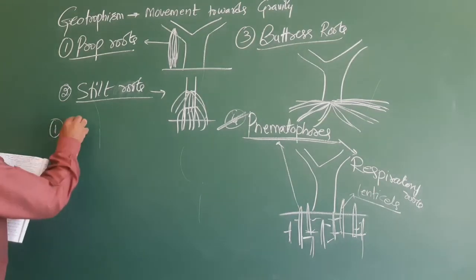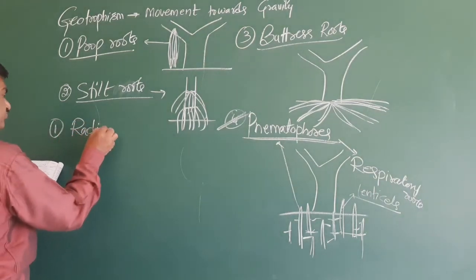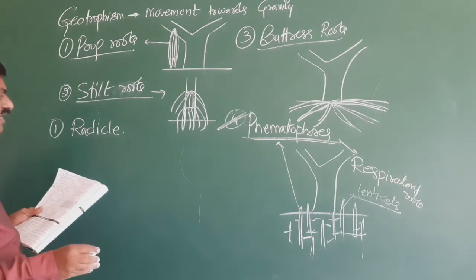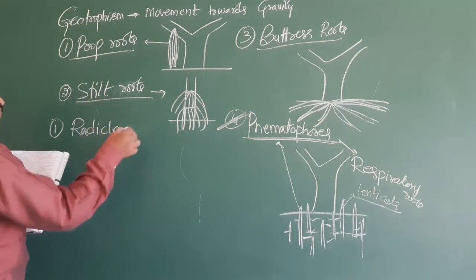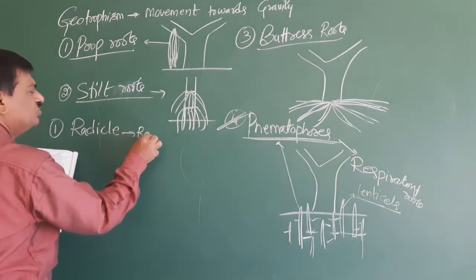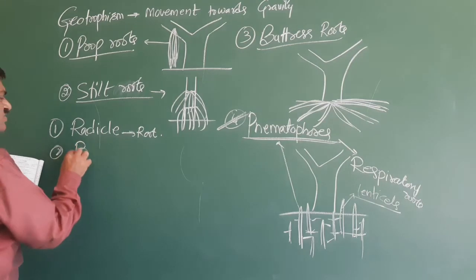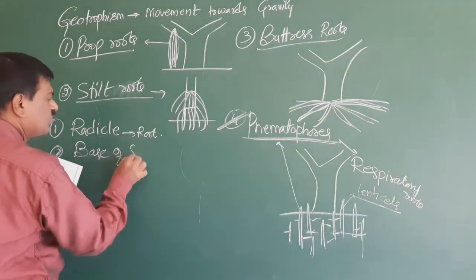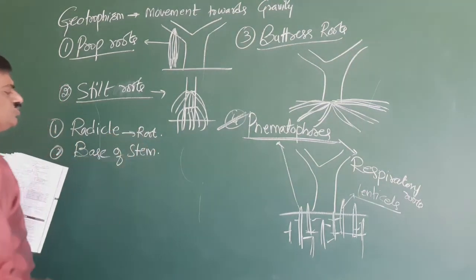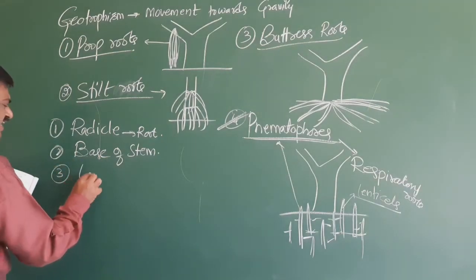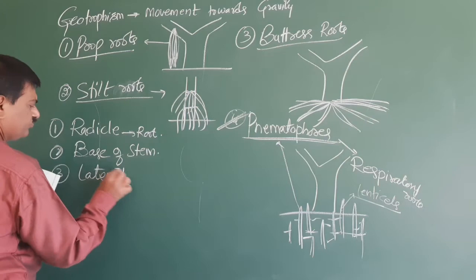The first one is radicle, and this radicle always gives rise to the root system. The second one is usually the base of stem. The third option is lateral roots.